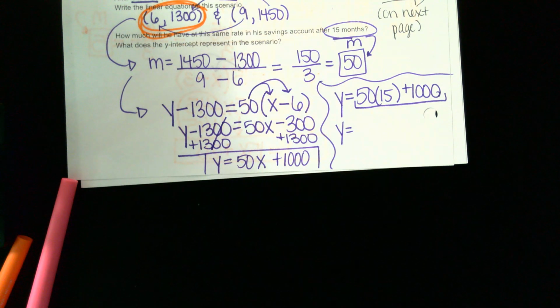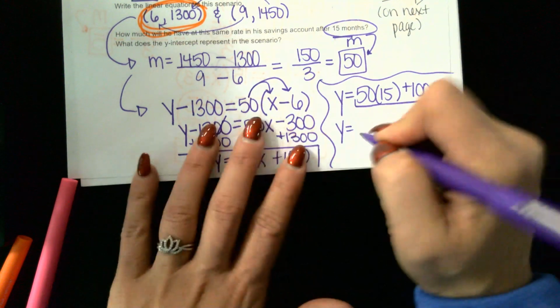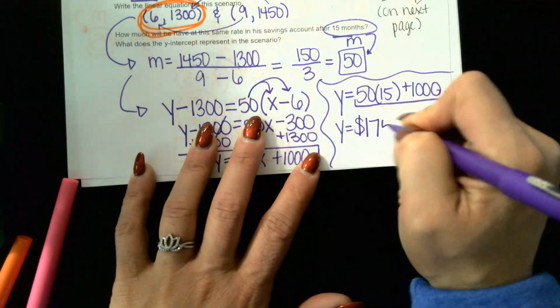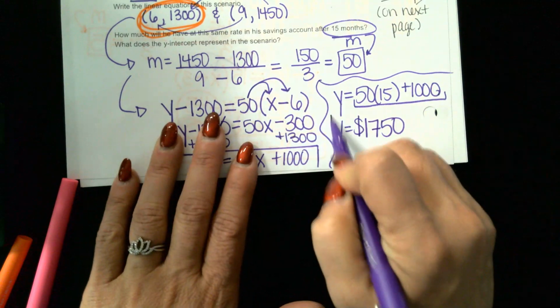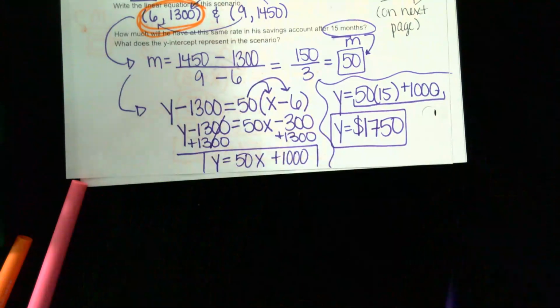What are you guys getting? 1750? Okay, that sounds better. So 1750 is the amount of money he would have in his account after 15 months.